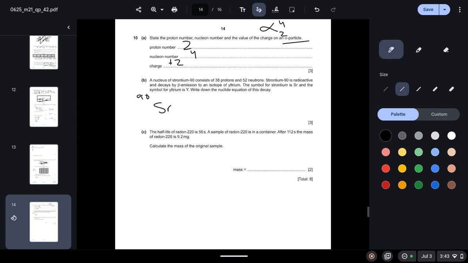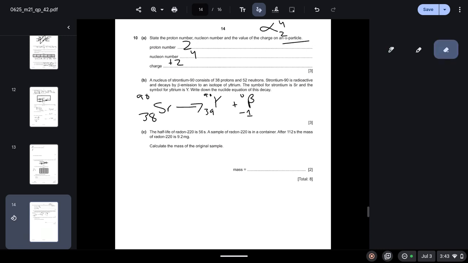So on the left you will have a strontium atom. It is decaying into a yttrium. So the nucleon number will be the same, the proton number will be 1 greater, because we have a beta emission which has a -1 proton number. So this equation is balanced and it is correct.